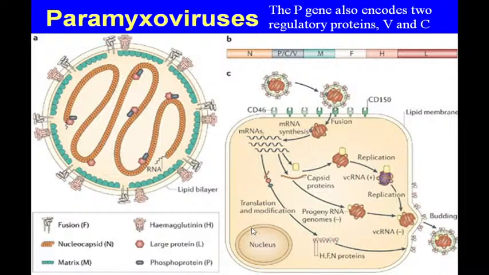So let's take a look briefly at the way of replication. So the virus may use different receptors. And here the receptors are shown that are typical for measles virus. And we'll discuss today generally only one disease, that is measles virus.